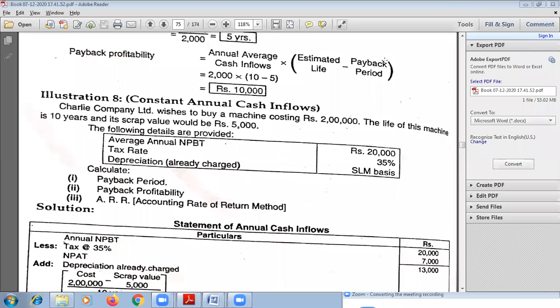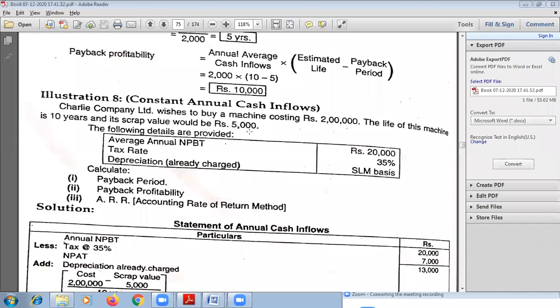So cost of machine is 2 lakhs. That is my original investment, cost of investment. Life of the machine is 10 years and scrap value is 5,000. Again, scrap value is given, okay? And it's not a problem.